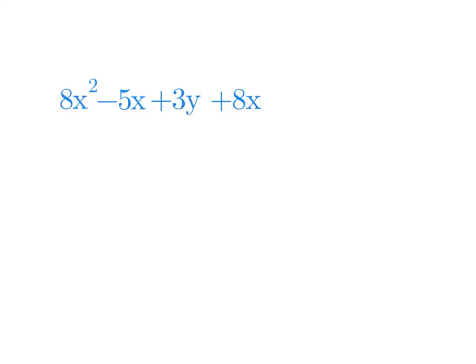Now, 8x squared, of course, there's nothing else with an x squared in it, so I'm not going to combine it with anything. It's just going to go over here and time out. And the same with our 3y here. I don't know why y is always the lonely one in my examples, but it is. And so it was minus 5x. I'm going to think of this simply as a negative 5x plus 8x.